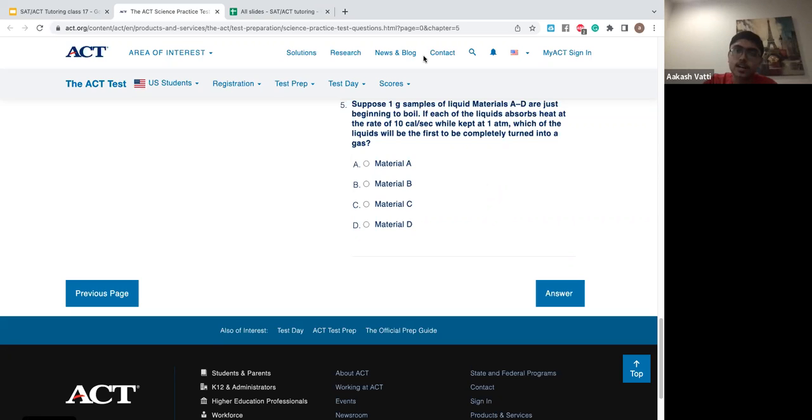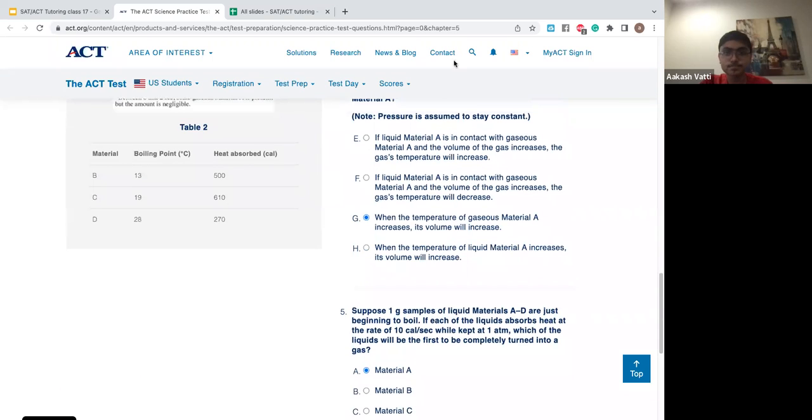All right. So the answer to this one is A, and almost all of you got that wrong, which I guess is kind of knowable. The reason for this is if you go right here and you look at the boiling points, so you have 13, 19, and 28, and you have the heat absorbed.